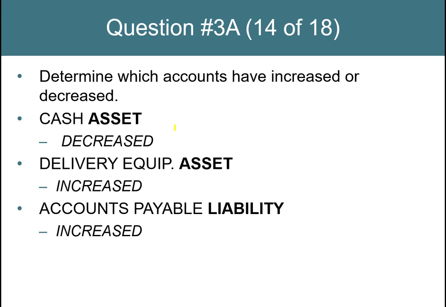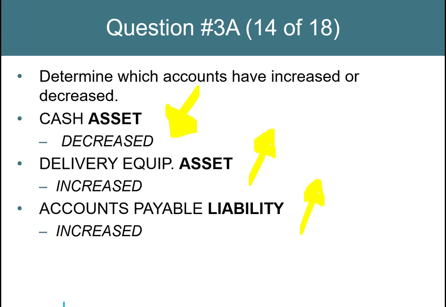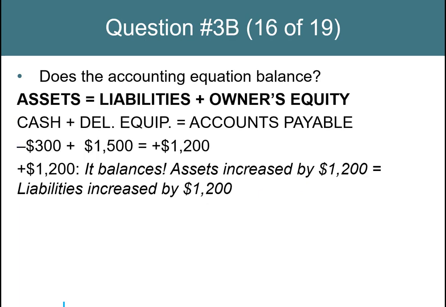Certainly, the cash will reduce because we took the money out and made the payment to the supplier. Our asset will increase because we have new delivery equipment now, and our liability will also increase. Okay.